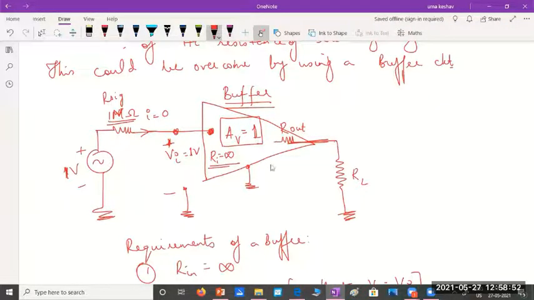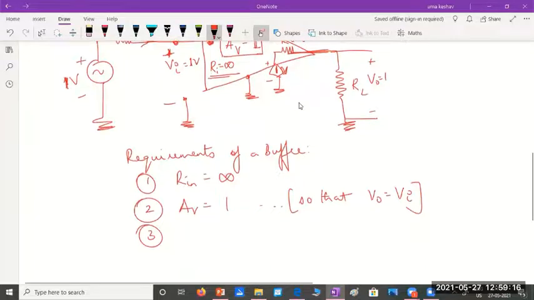If you have this as 1 volt, remember the voltage gain has generated 1 volt here, and this 1 volt should appear as V0. I should get V0 also as 1 volt, which means what should happen to this resistance here? R out should be low. It should be less, 0. Exactly. So the output impedance should be close to 0.